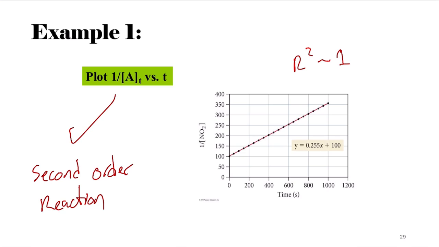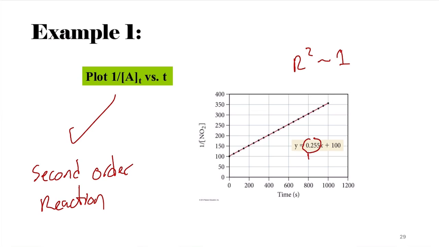And then once you have, okay, this is a line, you can print the equation for the line. And why would you need the equation for the line here? Yep, because this gives us the value of k, and this also gives us the initial concentration value for our data as well, right?